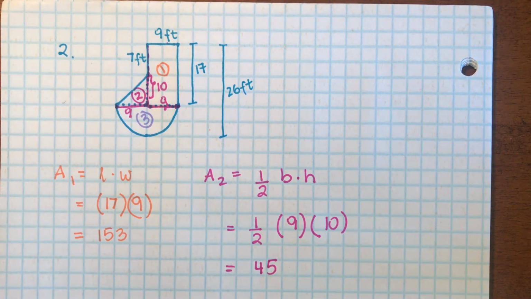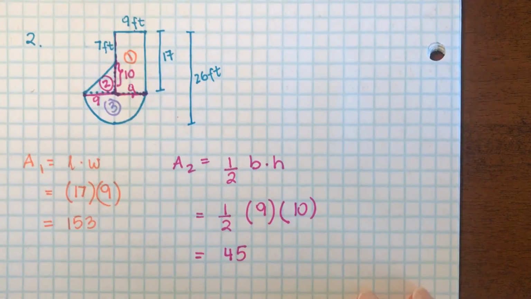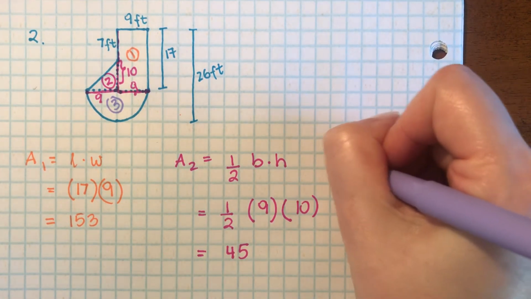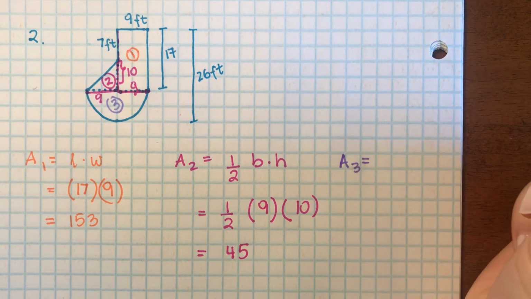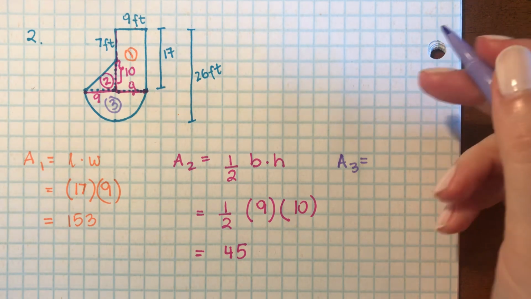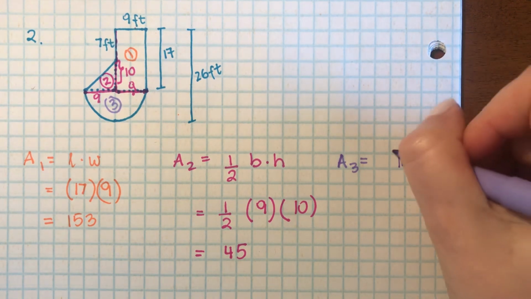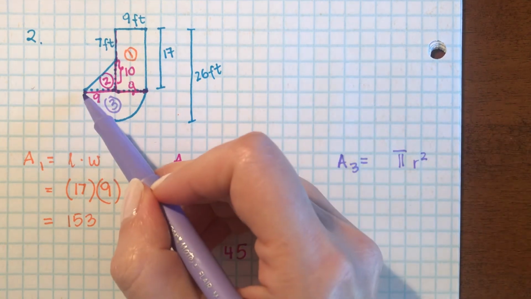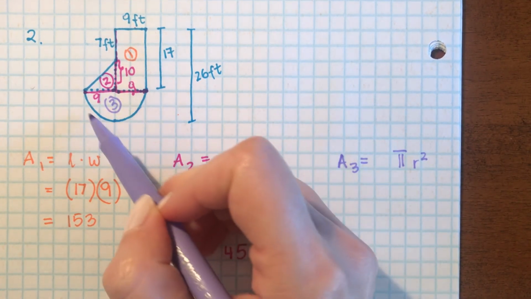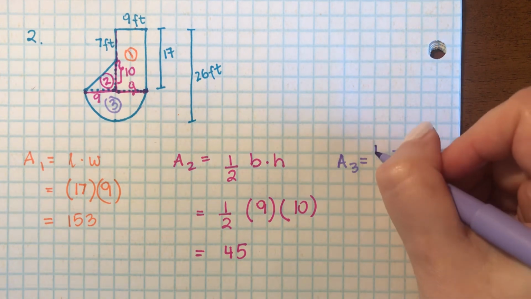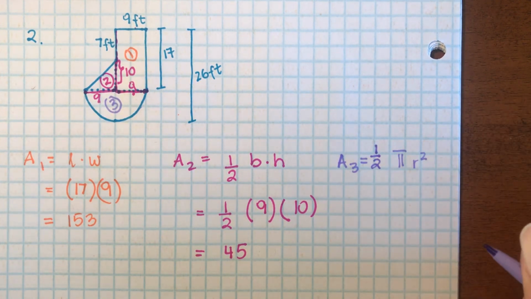And then the last area is the area of this semicircle. So area 3. The area of a full circle is pi r squared. But if we want half of the circle, we need to multiply this times 1/2. Multiplying times 1/2 is the same as dividing by 2.